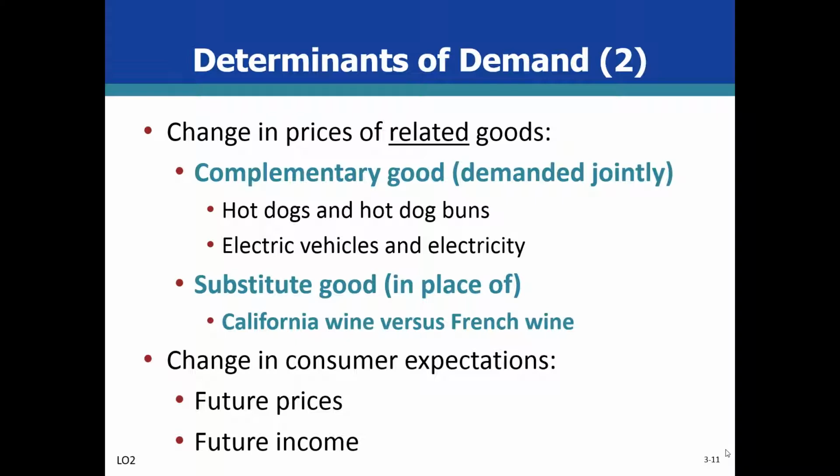If the price of hot dogs were to go down, we would expect to see an increase in the demand for hot dogs, and therefore an increase in the demand for hot dog buns. They're related. They're demanded jointly. With a price reduction on electric vehicles, we would expect to see an increase in the demand for electricity.